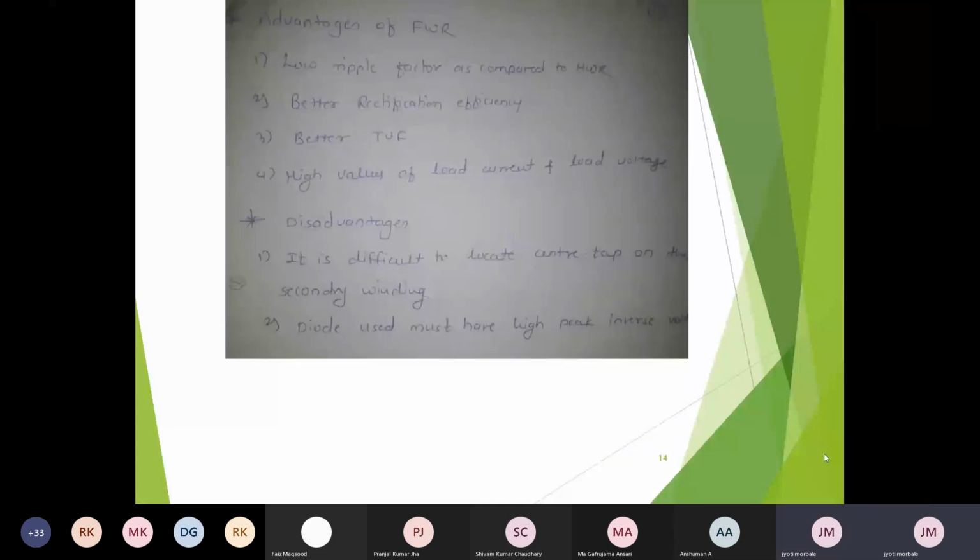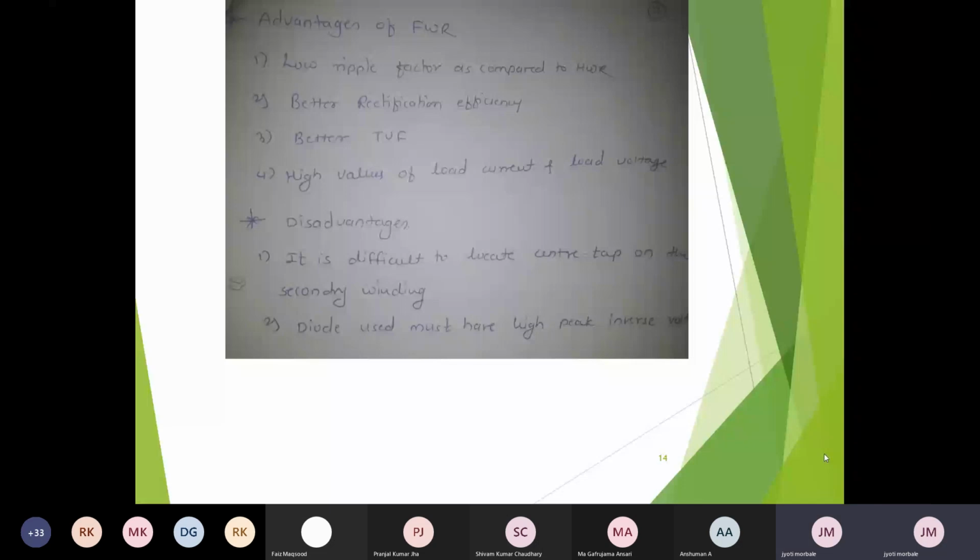Then advantages and disadvantages of full wave rectifier. Again this point is important. Advantages तो बहुत सारे हैं. The first advantage is the circuit has low ripple factor as compared to the half wave rectifier. Circuit has better efficiency. Transformer utilization factor हमने नहीं देखा, but still you can write it has a better transformer utilization factor.